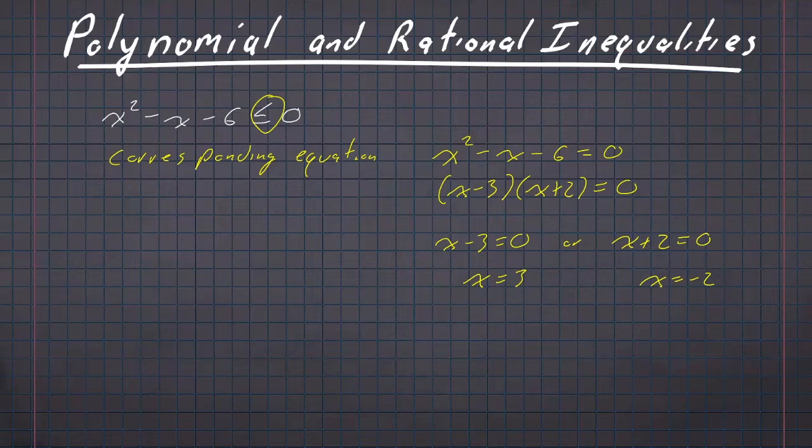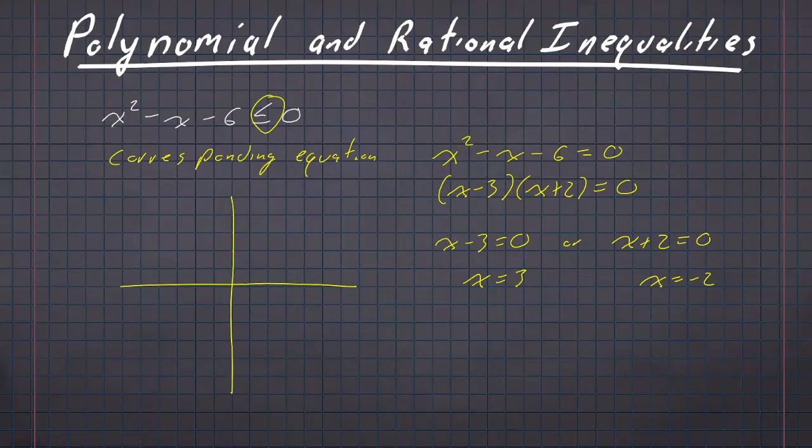I can graph that corresponding equation. If I wanted to be precise, I would go back, look for the vertex, figure out where that is, and plot the y-intercept as well to give me a little bit more data to work with.